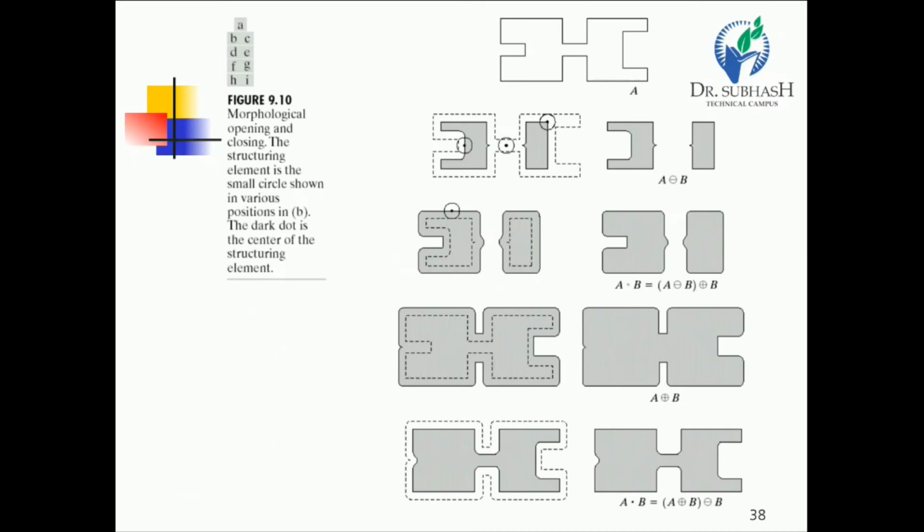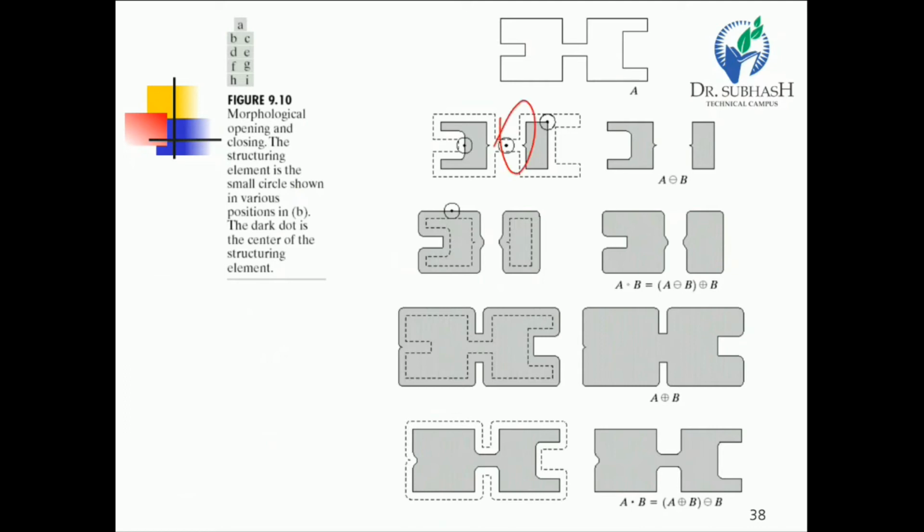Now this is an example of morphological image opening and closing. We use different figures for the representation. The structuring element is a small circle, as shown in the various positions.